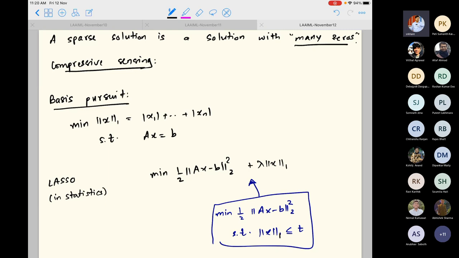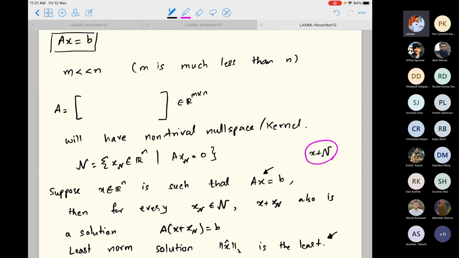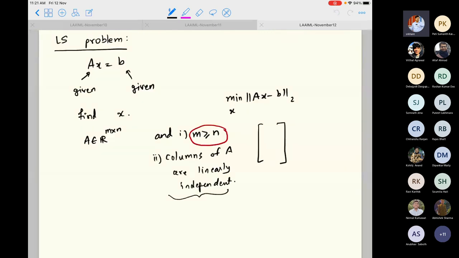Recently many people have worked on this, and these types of problems, these compressive sensing problems, find a lot of applications in AI and ML. So this is a really very important problem. I just wanted to draw your attention to this particular problem. And what happens is that it completes the story that we started with, right?